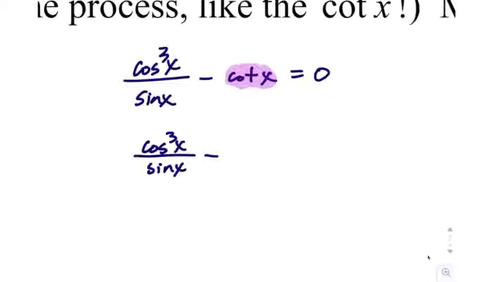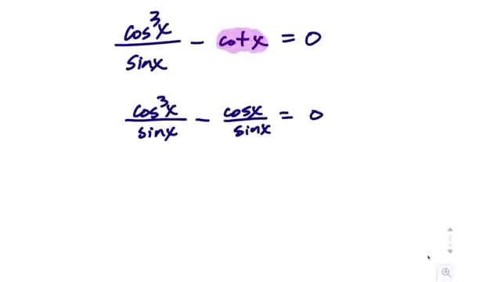What is cotangent? Cosine over sine. Good. And now you're like, yay, I have a common denominator. So it's cosine cubed minus cosine, all over sine of x.